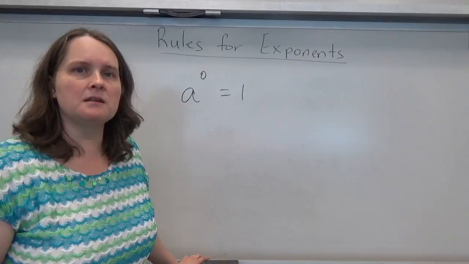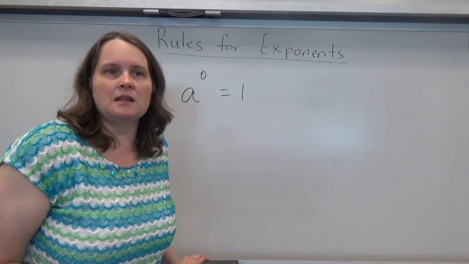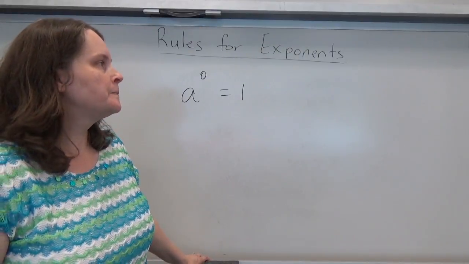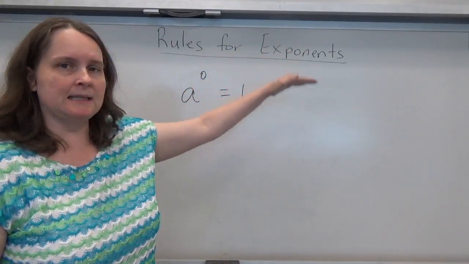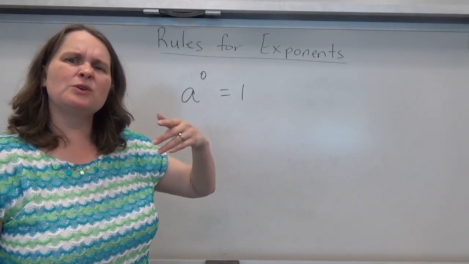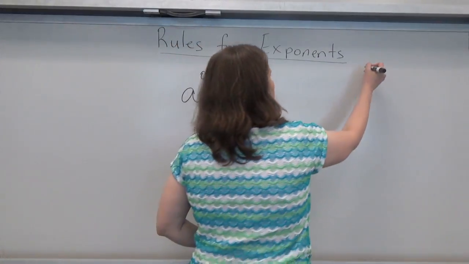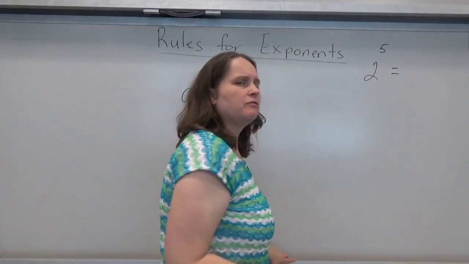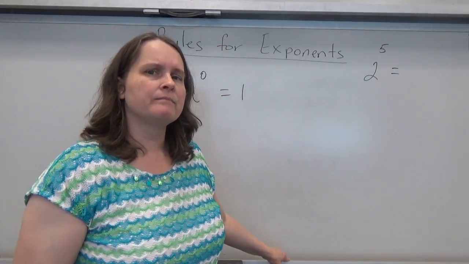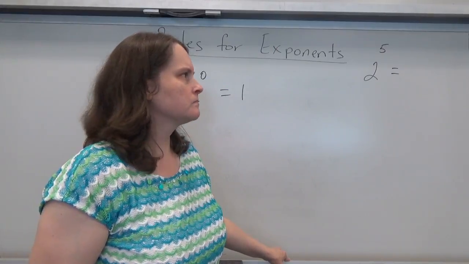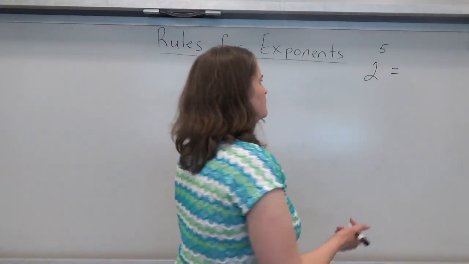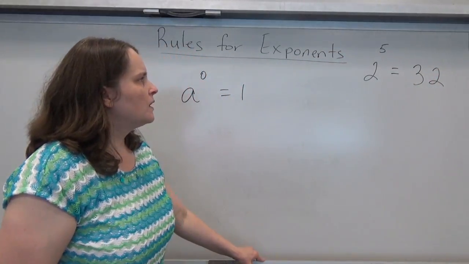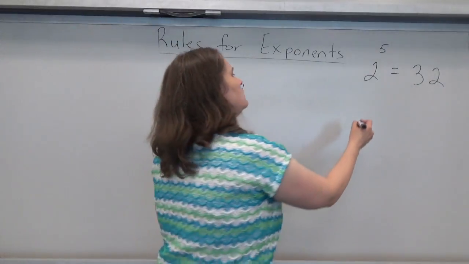Let's just choose a random base. We'll choose something pretty simple. So let's say that we're working with 2 to the 3rd power, 2 to the 4th power, etc. And let's just look at a list. So let's do 2 to the 5th power. If I multiply 2 by itself 5 times, how much does that give me? It gives me 32. What if I do 2 to the 4th power?